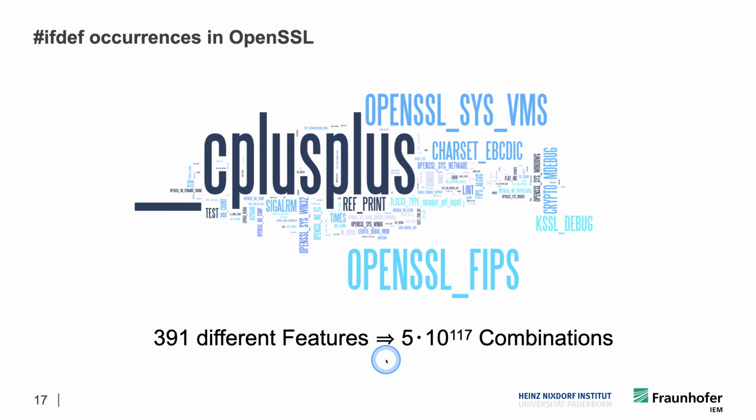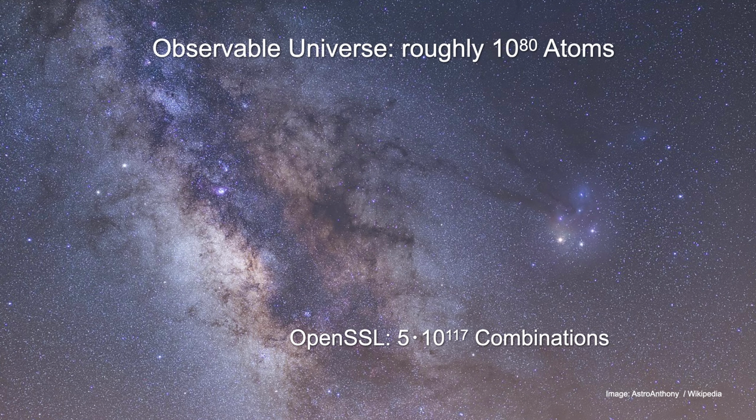And so if you do the maths, right? This is about as many features or as many different combinations, or configurations, I should say. And that's really bad, right? So just in comparison, here you have 10 to the 117. And in the currently observable universe, we have only about 10 to the 80 atoms, right?